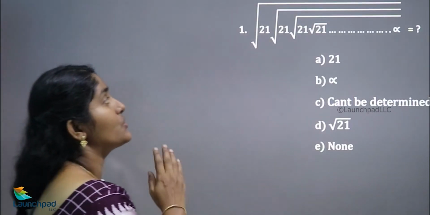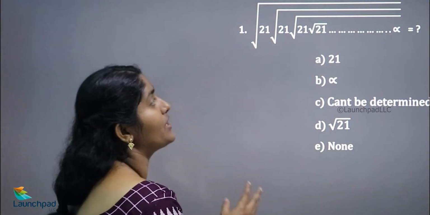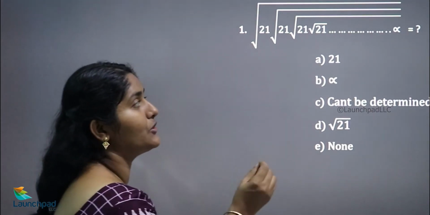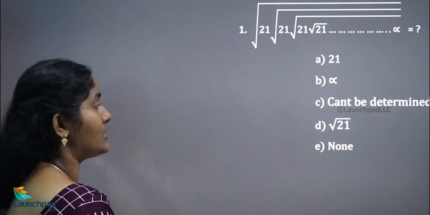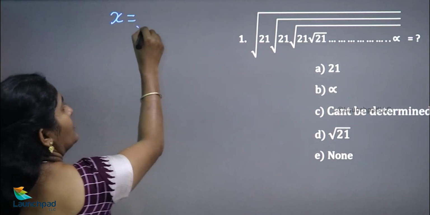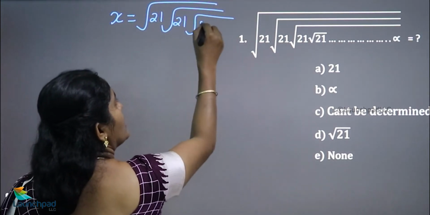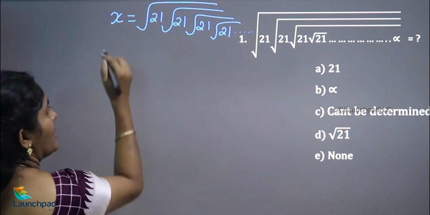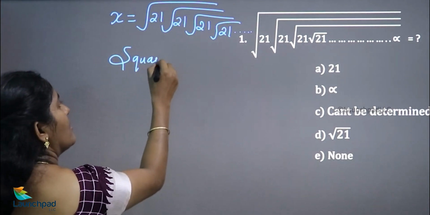Square root of 21, square root of 21, square root of 21 to infinity is equivalent to what? I am telling the procedure for how we can find the answer. Your question is x equals root of 21, root of 21, root of 21. Now I am squaring both sides.